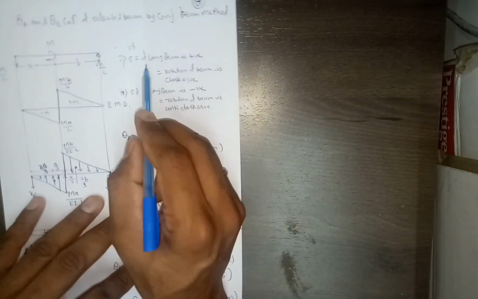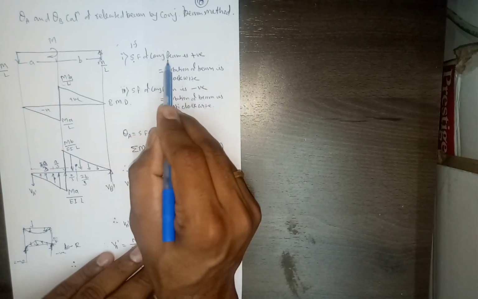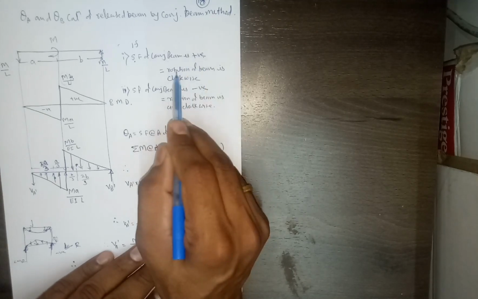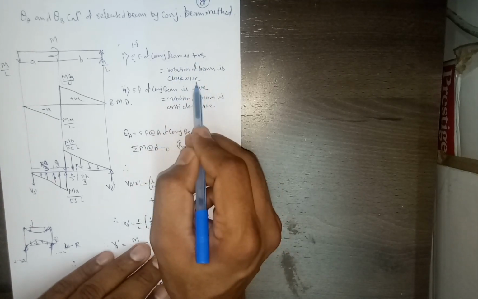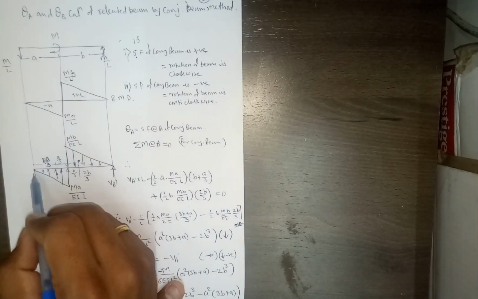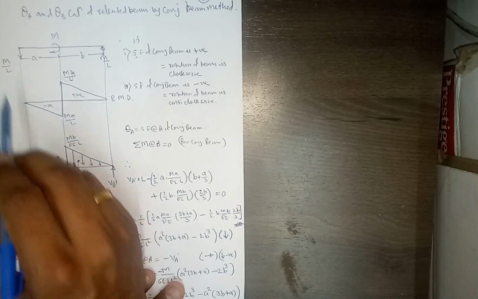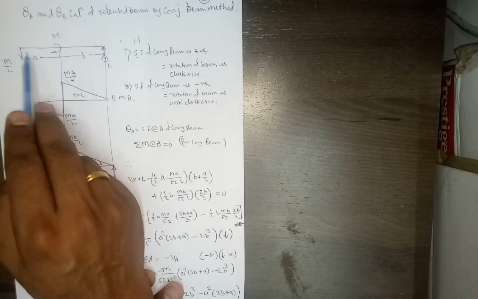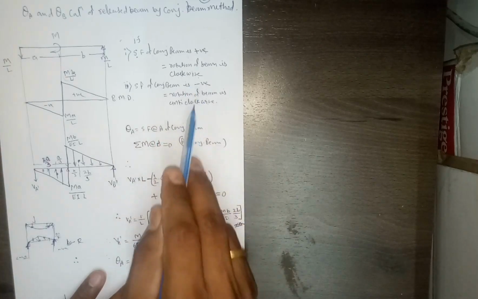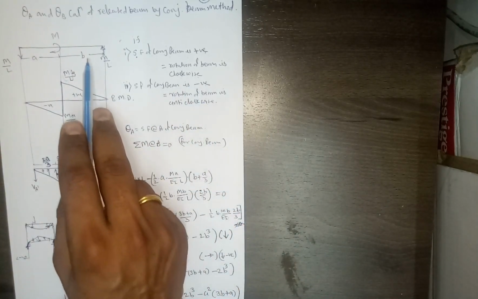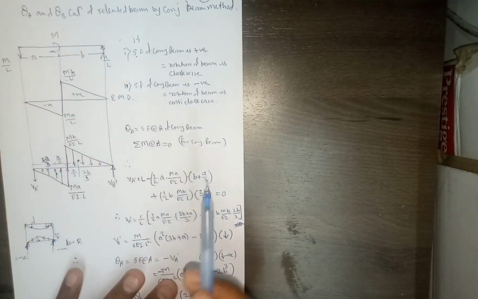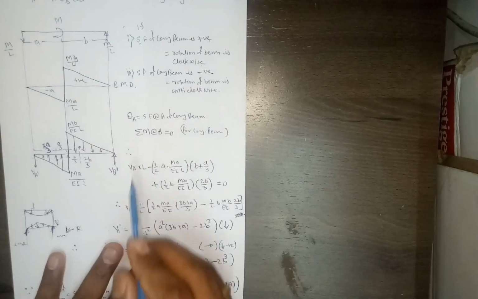So that is what is mentioned here. If the shear force of the conjugate beam is positive, the rotation of the beam is clockwise. If you get negative shear force here, it indicates anti-clockwise rotation, and if we get positive shear force, then it indicates clockwise rotation. So you need to remember this.